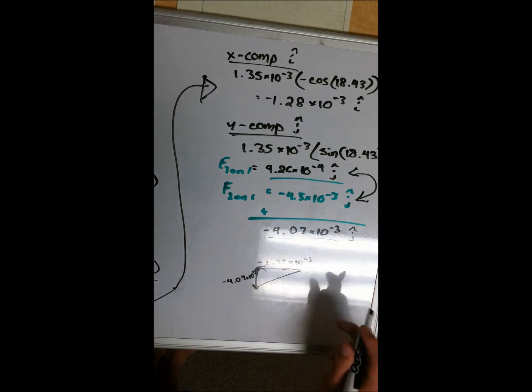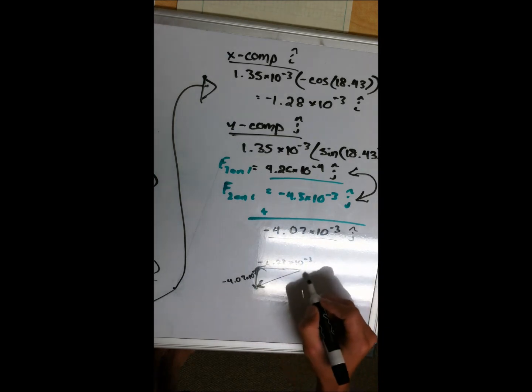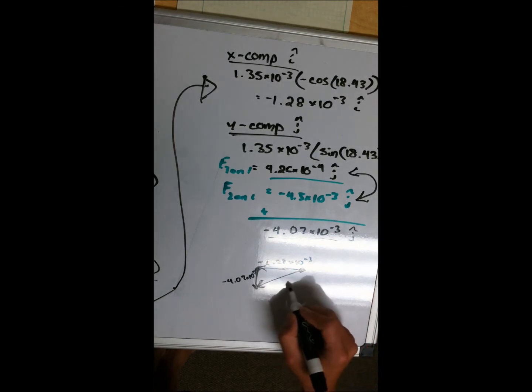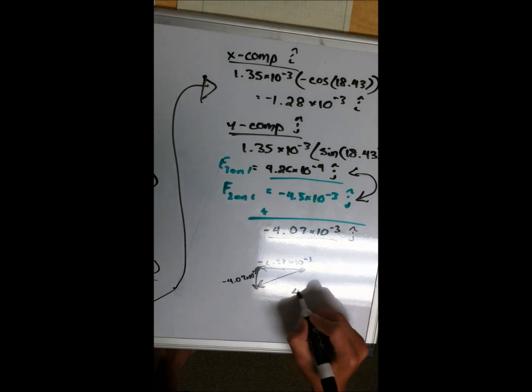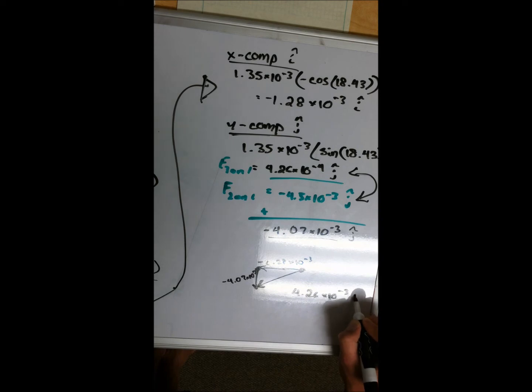And when we get this hypotenuse, it is going to be the magnitude of the force. Using the Pythagorean theorem, I'll leave the math up to you guys, but we're going to get 4.26 times 10 to the negative third newtons. So that's the magnitude of the force.